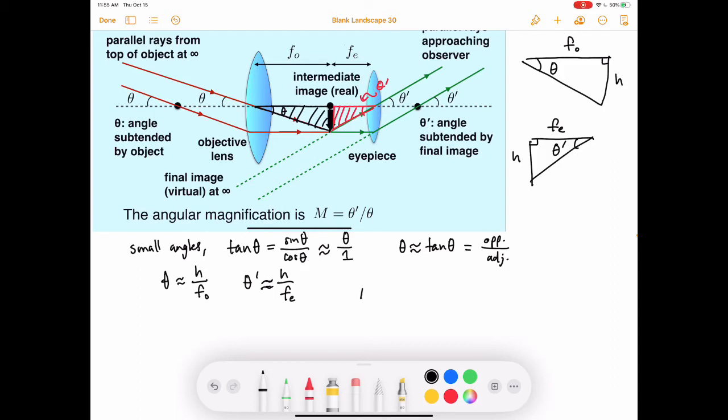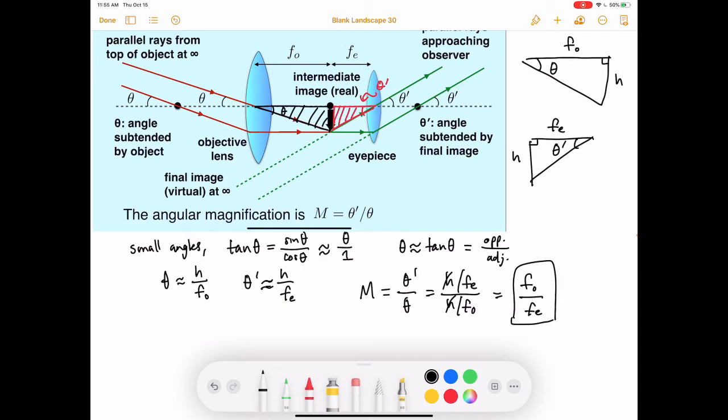Now, the angular magnification M is just theta prime over theta. So what we have is H over FE divided by H over FO. Cancel out H, just gives us FO over FE.